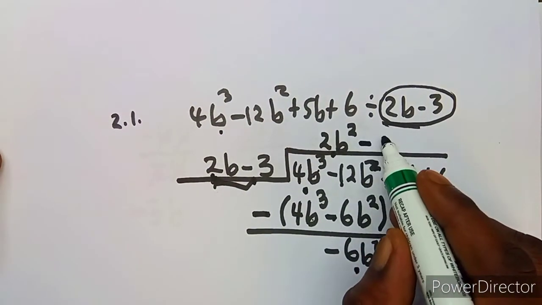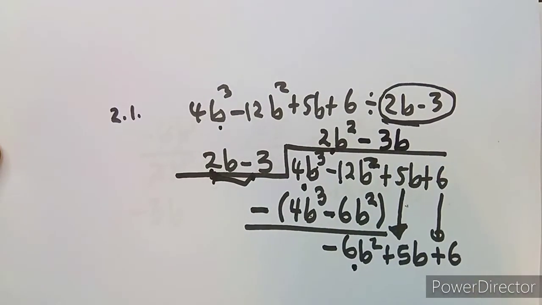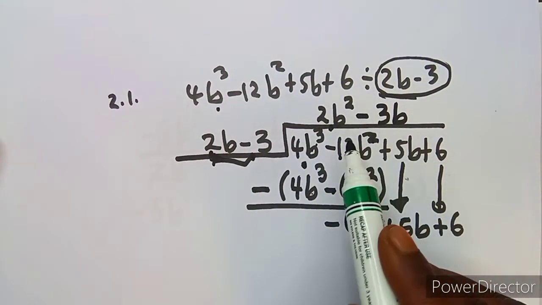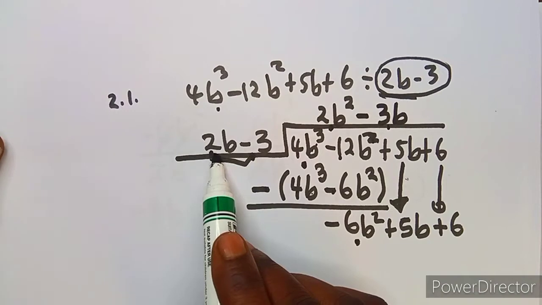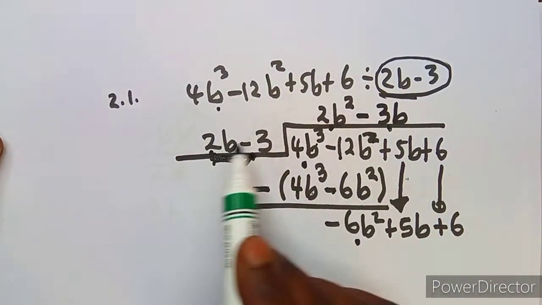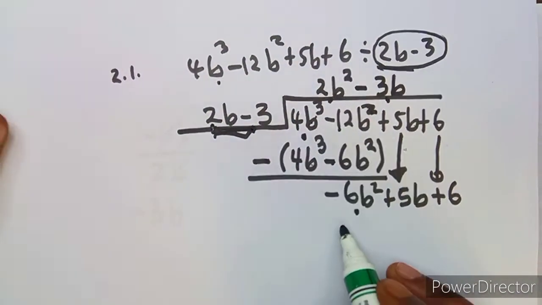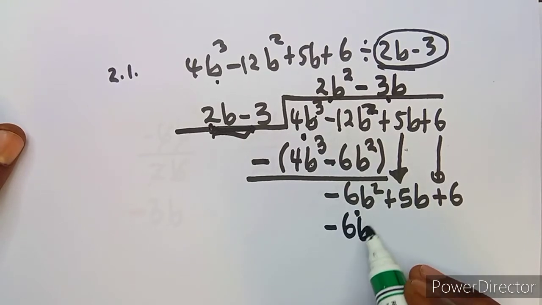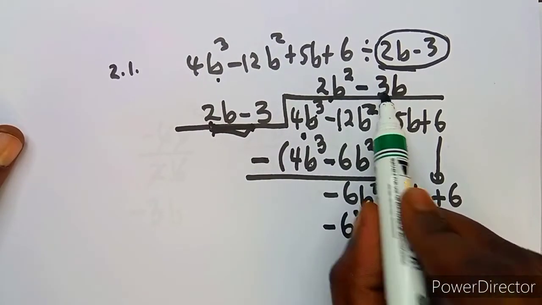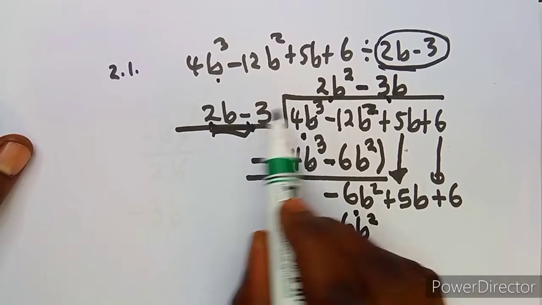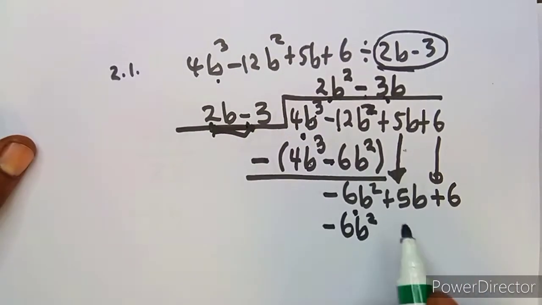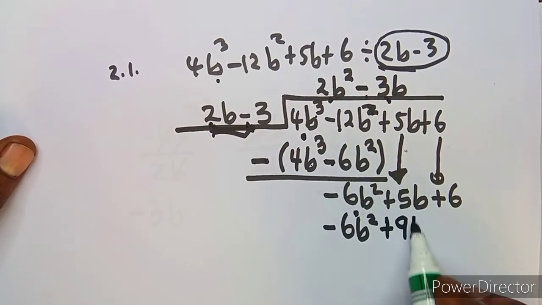After dividing, what do I do? I multiply back. So minus 3b multiplies everything here, minus 3 and 2b. So it's going to give us minus 6b squared. All right, minus 3b times minus 3, which is plus 9b.